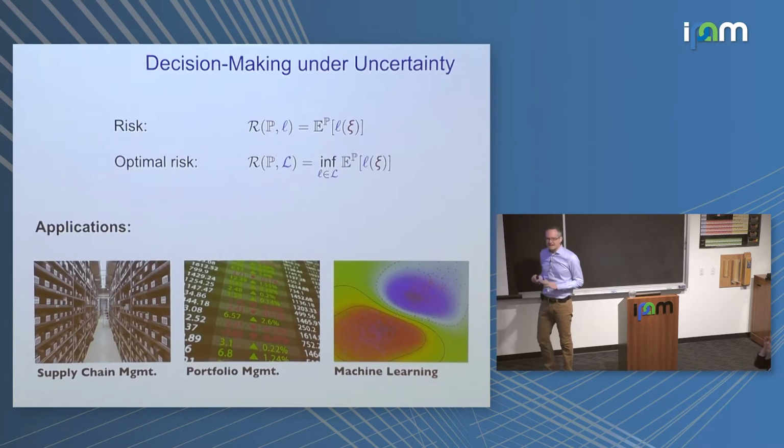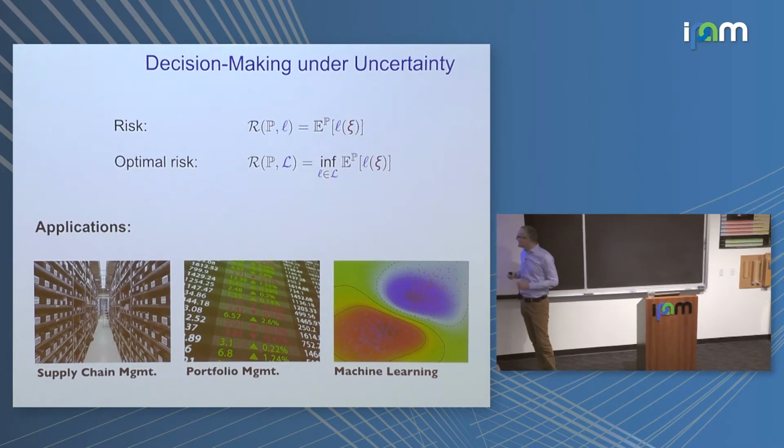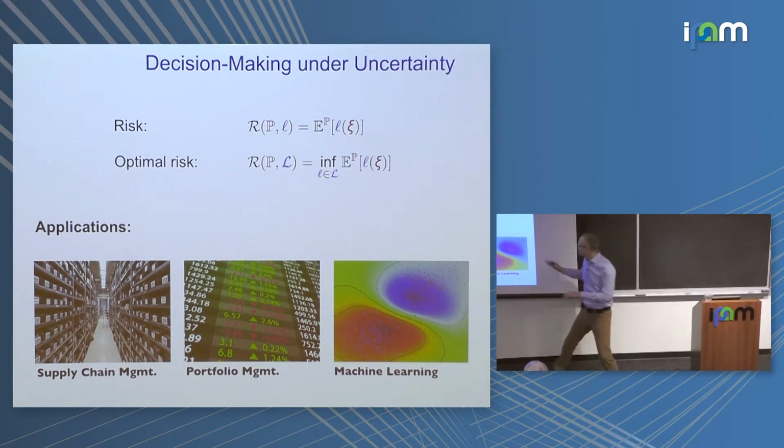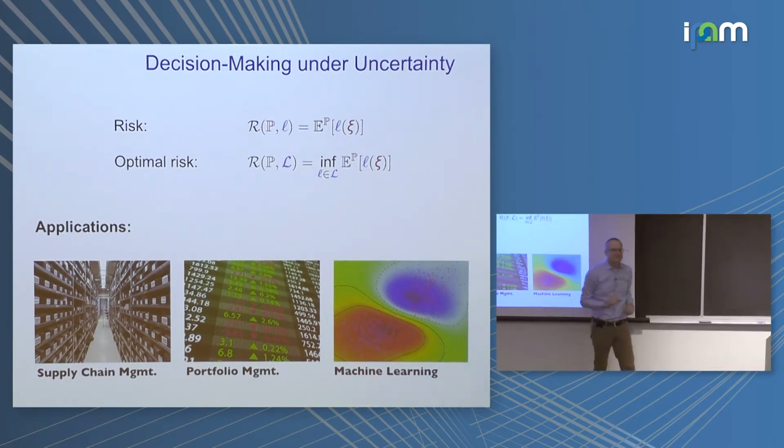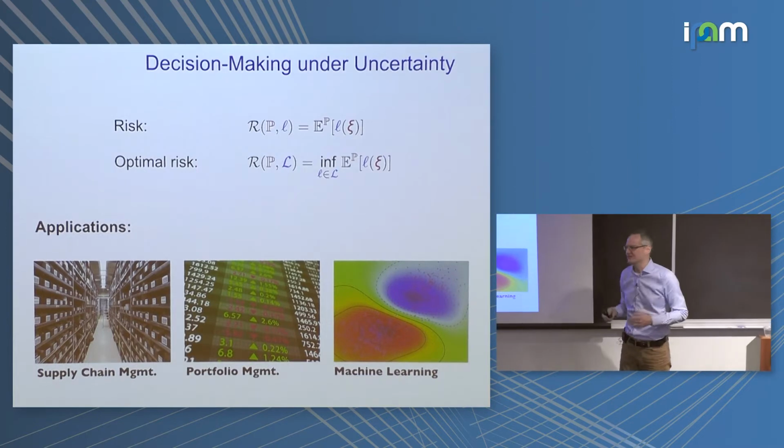So in this talk, I would like to study some very basic stochastic optimization problems, where each decision corresponds to a loss function L of xi. And here, the random vector xi captures all problem-dependent random variables and follows a distribution P. I'm going to denote by script L the set of all admissible loss functions, or admissible decisions in that sense.